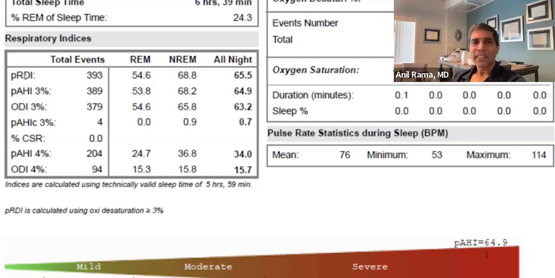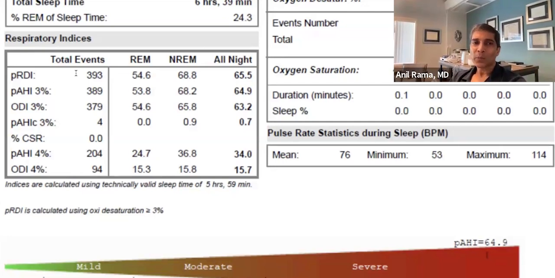Now, looking at the PRDI, what I usually find is that when the AHI is very high, the RDI, using a WatchPAT, what's the respiratory disturbance index? That's the number of interruptions of breathing that technically cause an arousal, not necessarily a drop in oxygen. And there's only an additional 0.6 more per hour.